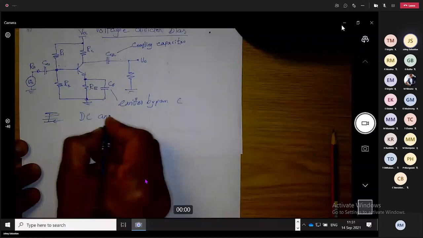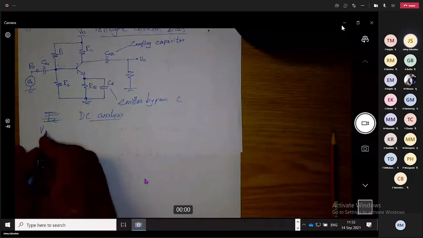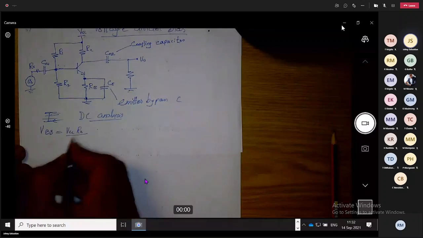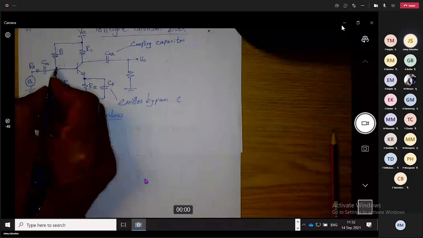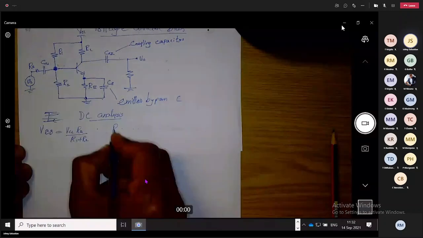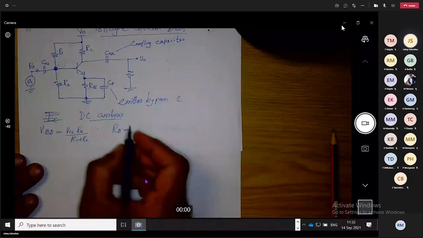Basically, first you find VBB. That is Thevenin voltage at that point. Then we also find Thevenin resistance exactly at the same point. RB is R1 parallel R2.